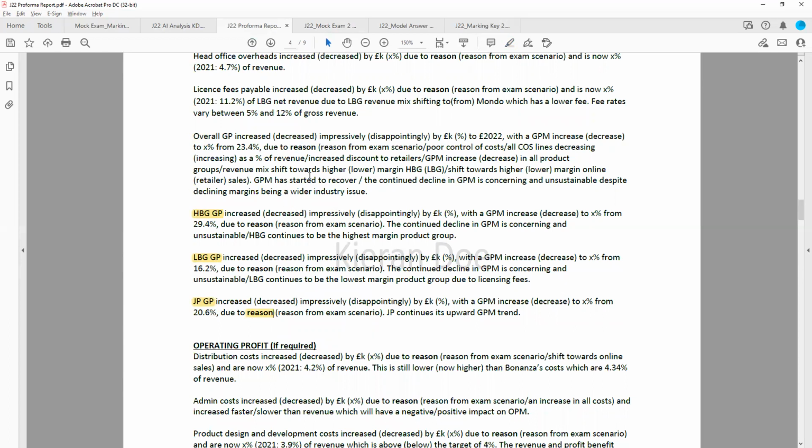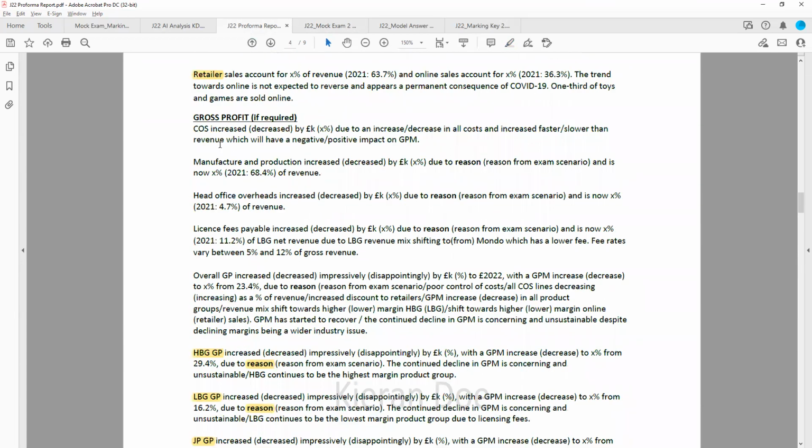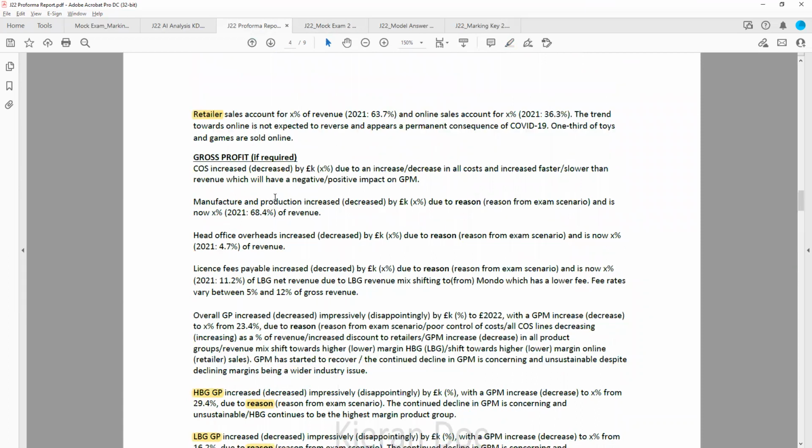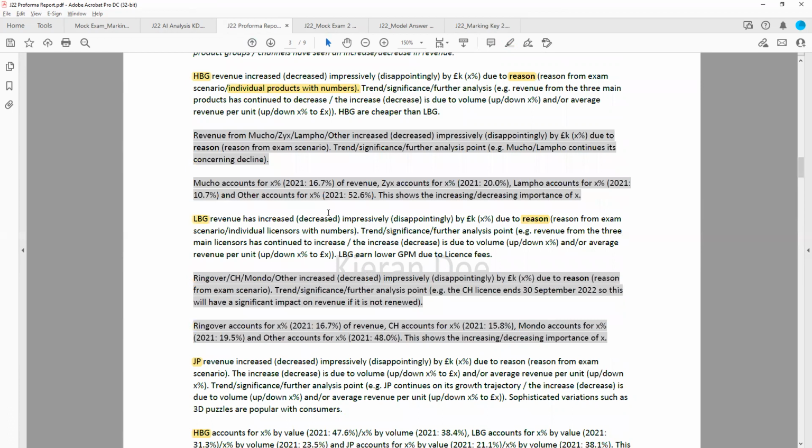We could think about what there might be a reason there, the extensive negotiations on trying to rectify the Hamlin issue, and then HBG, and that sounded positive because there were some economies of scale, lower production costs. So you can see here, already with gross profit, we haven't actually quite thought about how we'd lay this out yet, because we could look at the individual costs as well. We'll come on to that when we look at gross profit. But just as you read through it, you might want to just kind of jot those down.